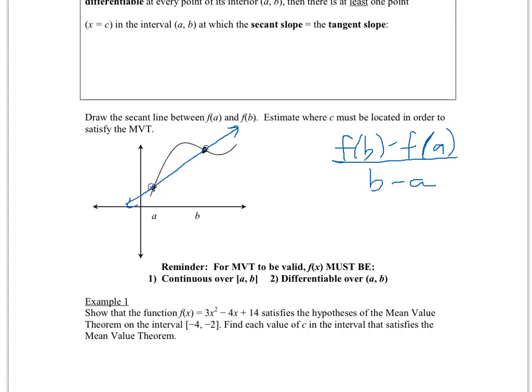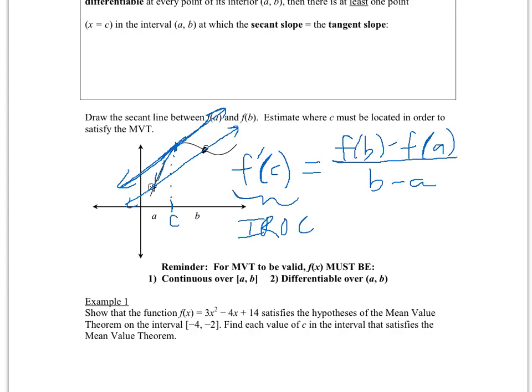So as I envision a whole bunch of little tangent lines, and you don't have to draw this part, but if you just draw a couple of tangent lines, those slopes don't quite match yet, but then all of a sudden right about here, that tangent slope at this location matches the secant slope. So the way we talk about slope at 1 point is by f prime, and that location is c. So this is the IROC, and this is the AROC.